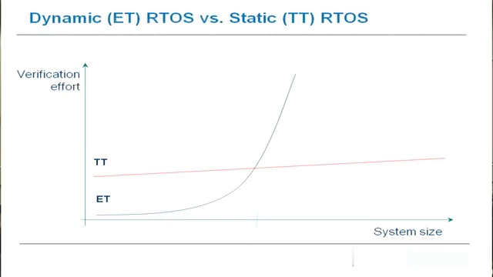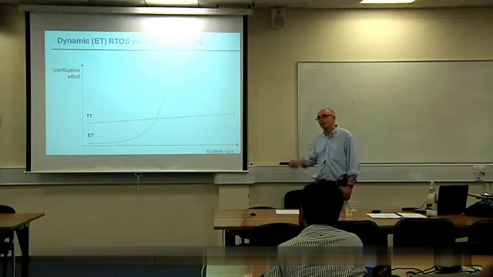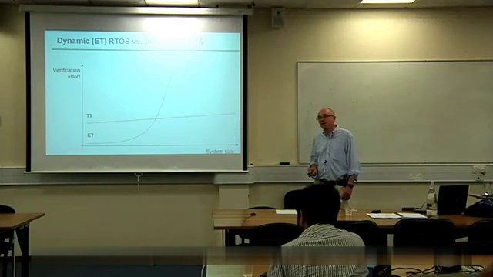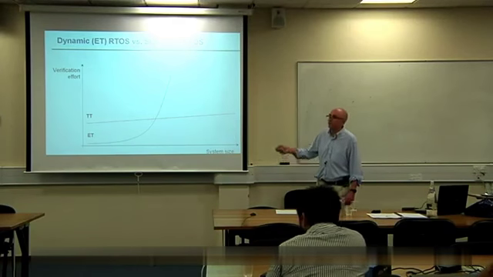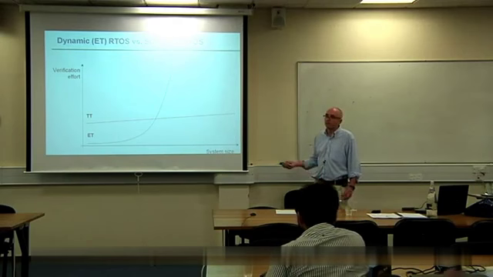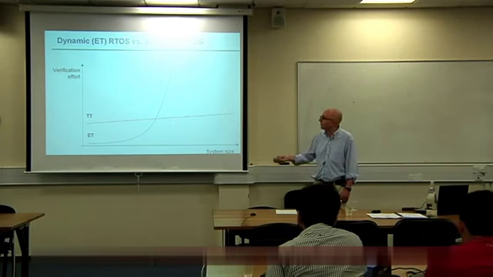And we've got somebody doing a PhD, who has been doing this for the last 4 years now, modeling some of these things. This is what we think of as the verification effort. This is the system size. Think of that as tasks. Round about here, we think the number's about 20 tasks. 15 to 30 tasks, somewhere around about 20 tasks in here.